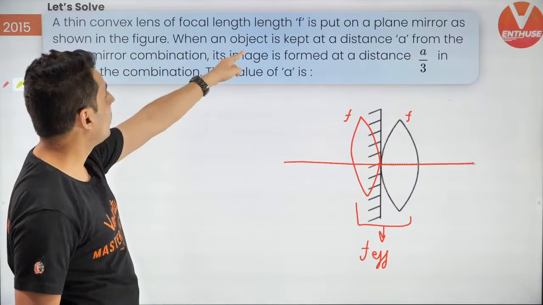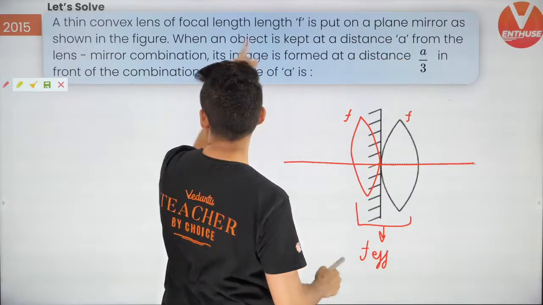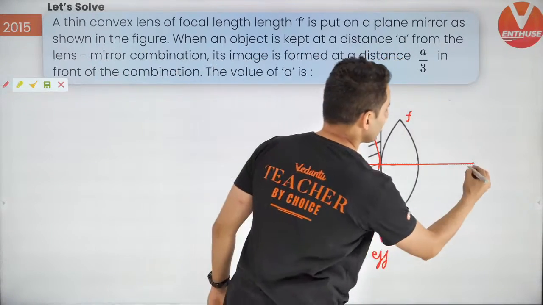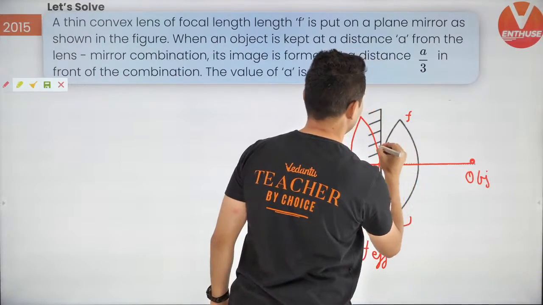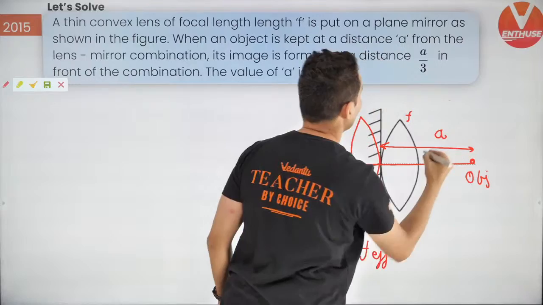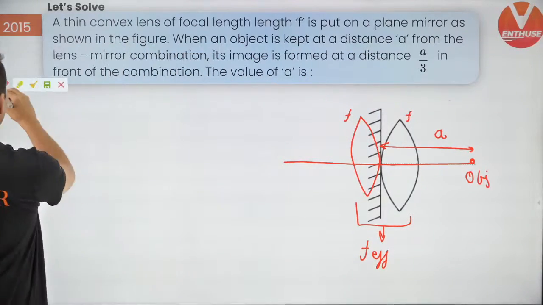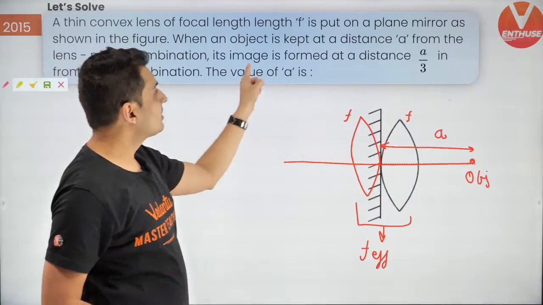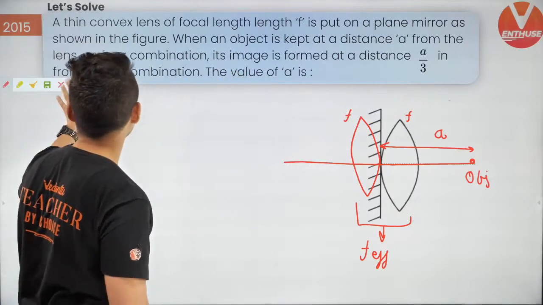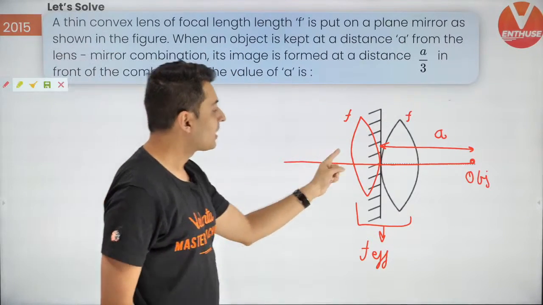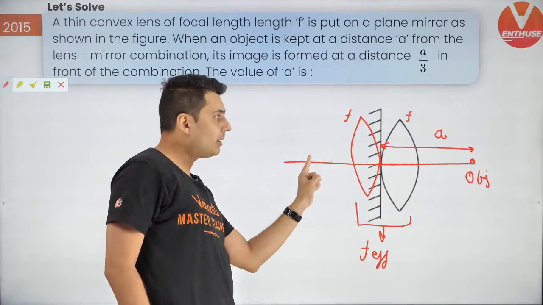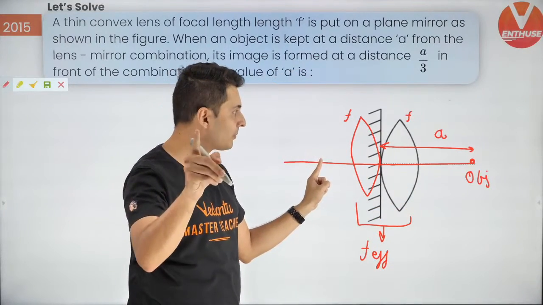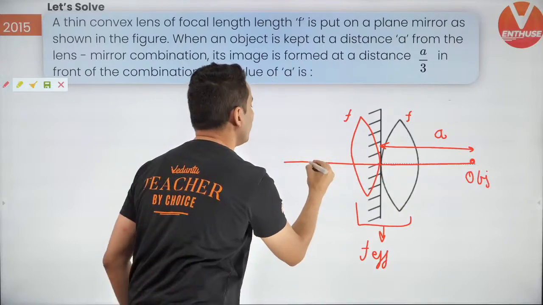Next, where is the object? Object is at a distance of a from the combination. So my object is over here and this distance is a. Where is the image formed? The image is formed at a distance of a/3 in front of the combination. That means the actual image will be formed here, but since I'm opening it up, the image will be formed over here.